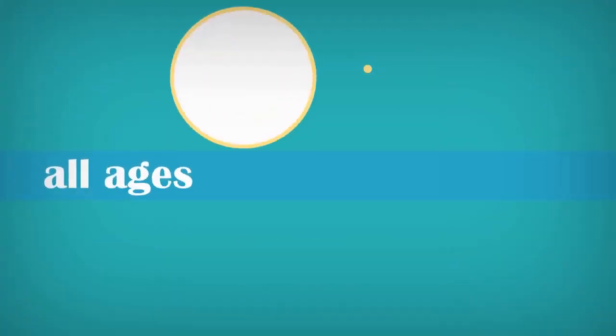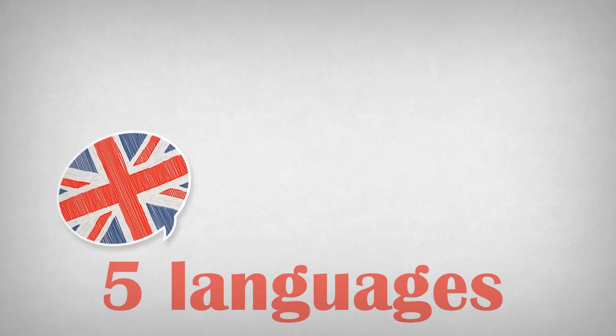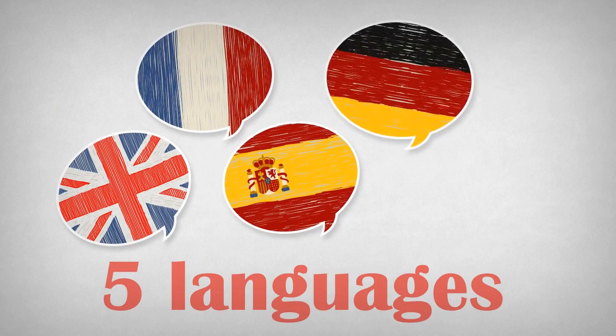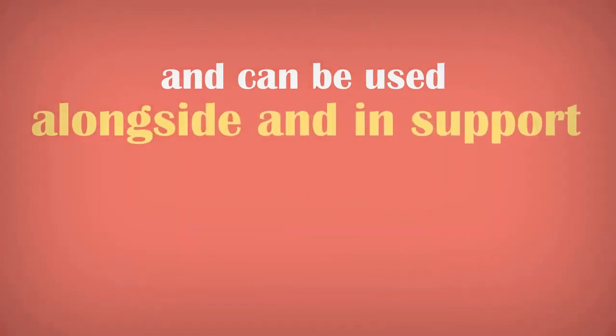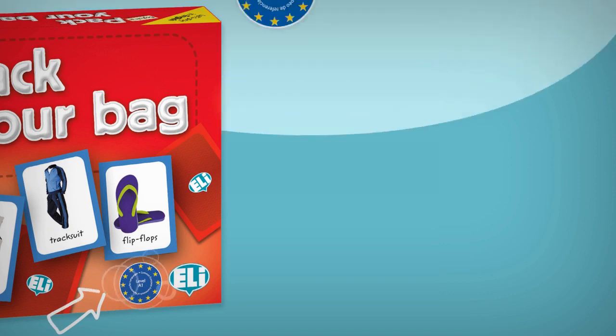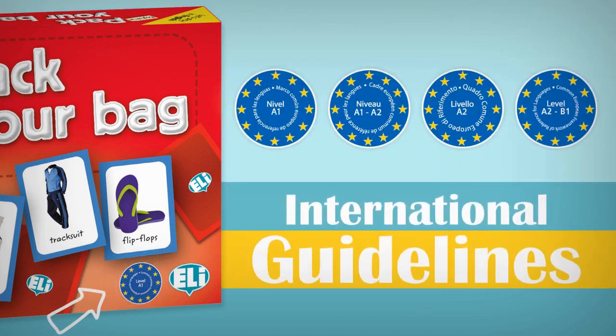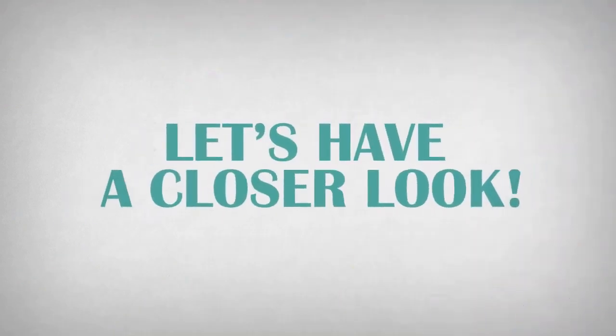At all ages, learning a language through play is fun and it's effective. Each title is available in 5 languages: English, French, Spanish, German and Italian, and can be used alongside and in support of any coursebook. ELI games are developed on a range of levels, in line with the Common European Framework International Guidelines. Let's have a closer look.